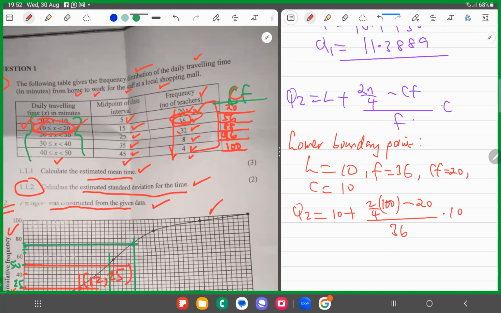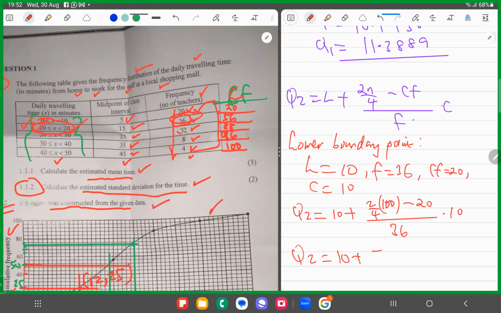We multiply by 10. Okay, these formulas, you might have never seen them, but just take note of them and learn them. They really give you very, very accurate readings of the grouped data calculations. Right, let's look at Q2. Your teacher might not have taught you these, but they are very, very powerful. These are like bulldozer formulae.